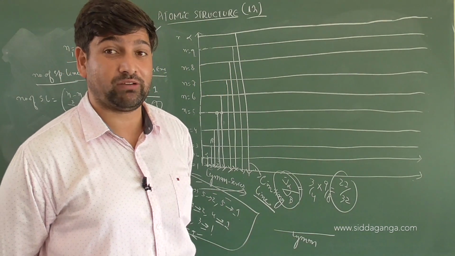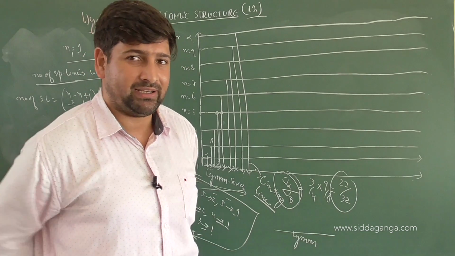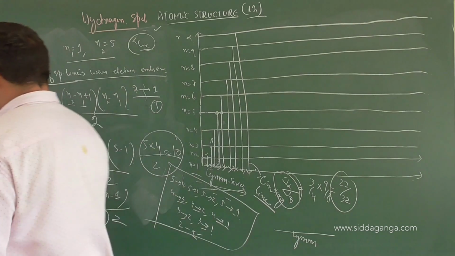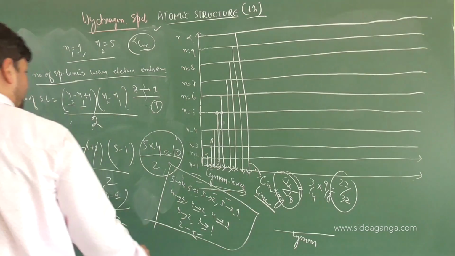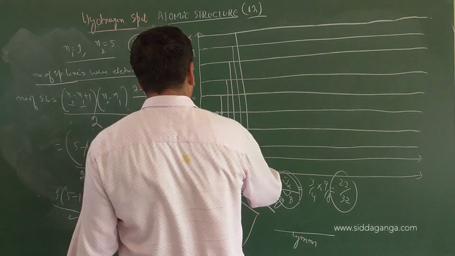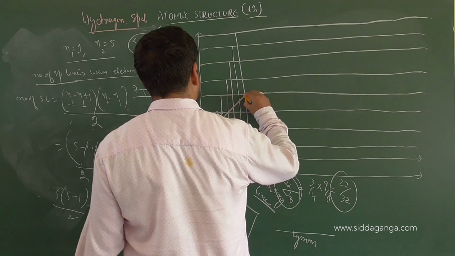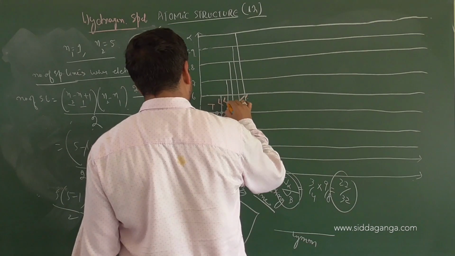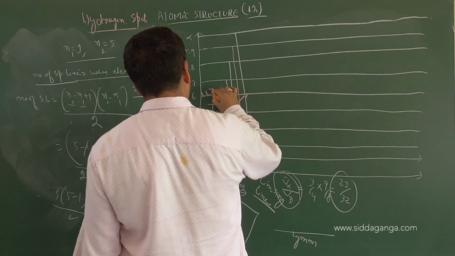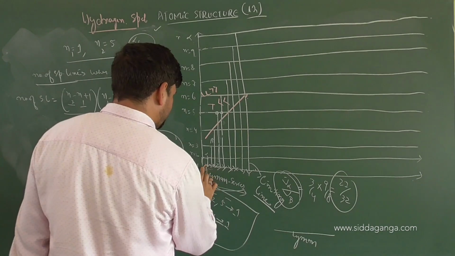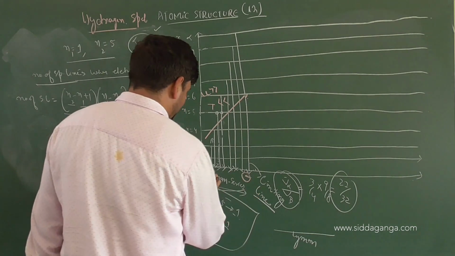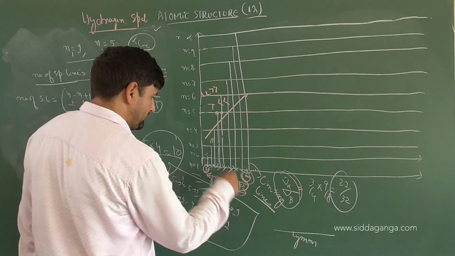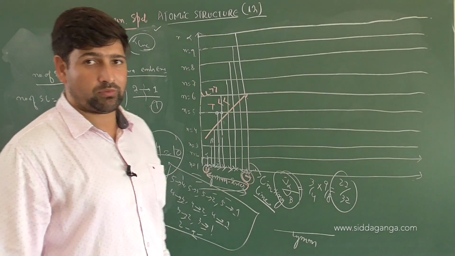The frequency of that photon will be more, the wavelength will be less. That technically means that when we are moving from alpha line to beta to gamma to delta to eta to theta, the wavelength of the emitted photon is reducing and the frequency is increasing from the first line to the limiting line. This is called the starting line, this is called the limiting line. Within this the Lyman series is exhibiting its properties.